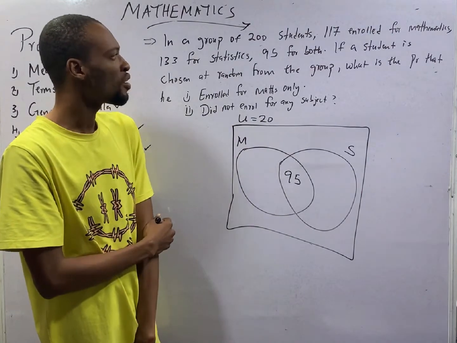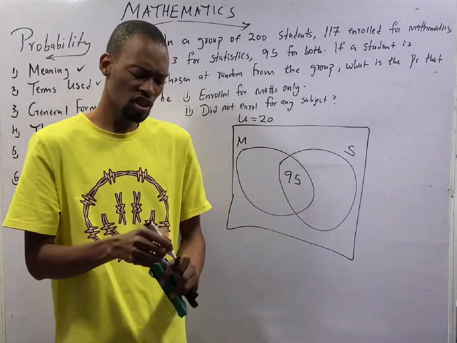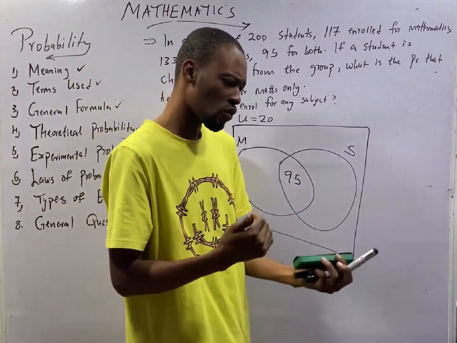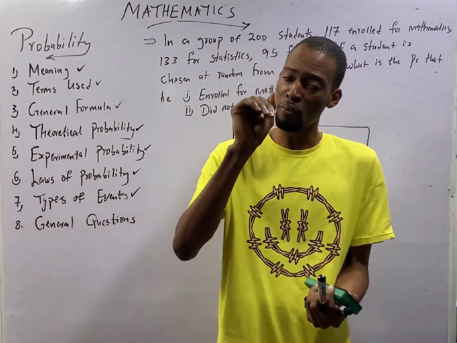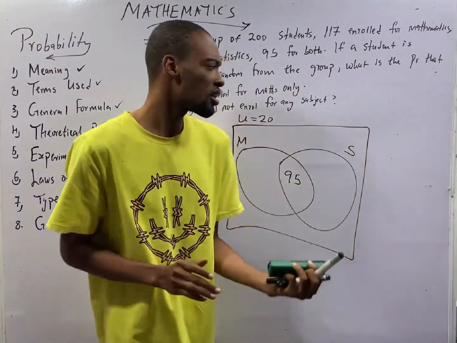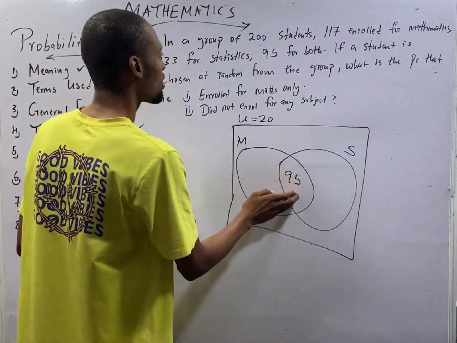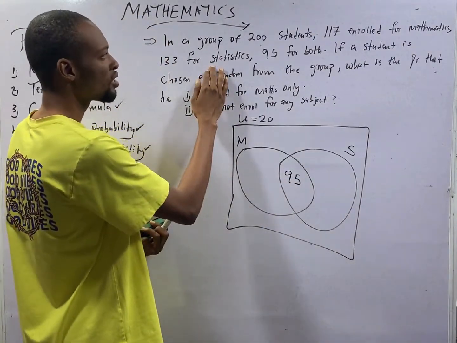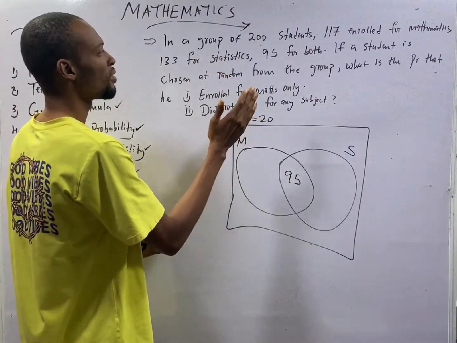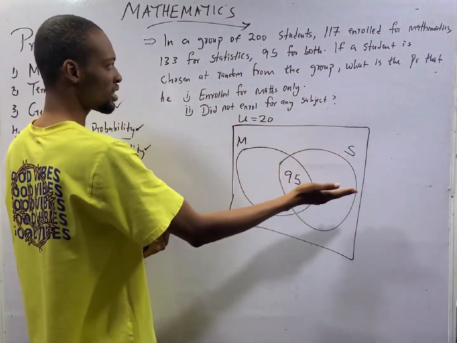And they said that 117 enrolled for mathematics. They did not say 117 enrolled for mathematics only. They said for mathematics, which means that out of those who enrolled for mathematics, some of them also enrolled for statistics.